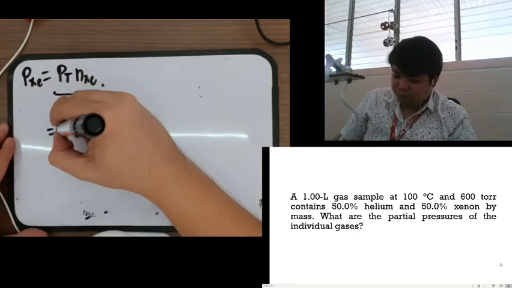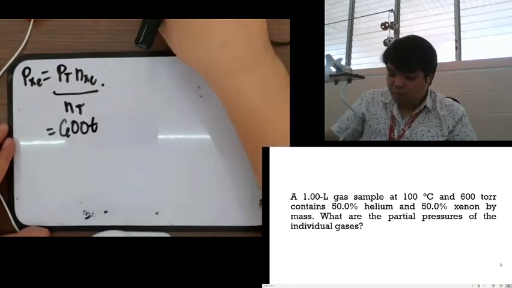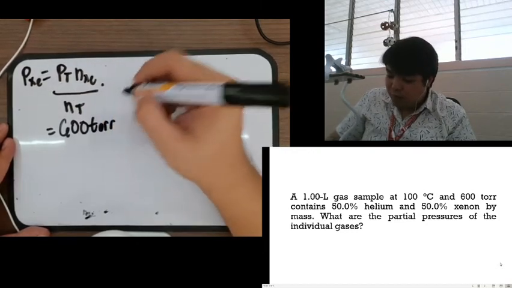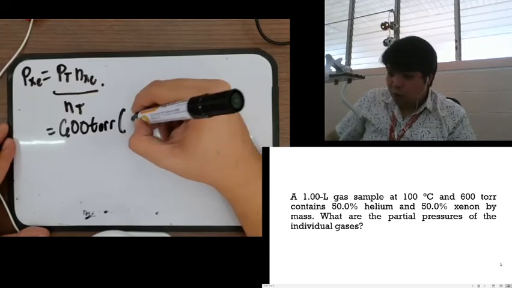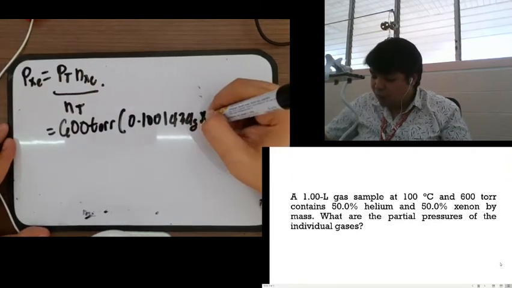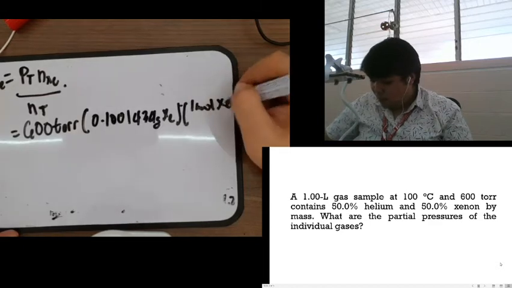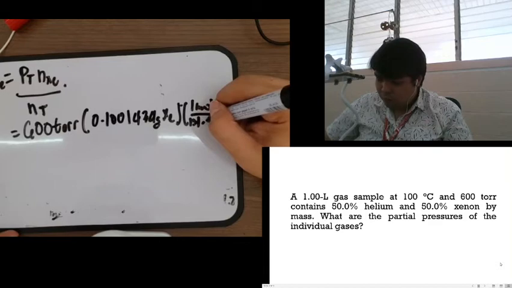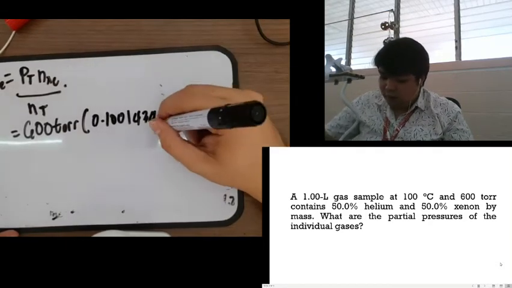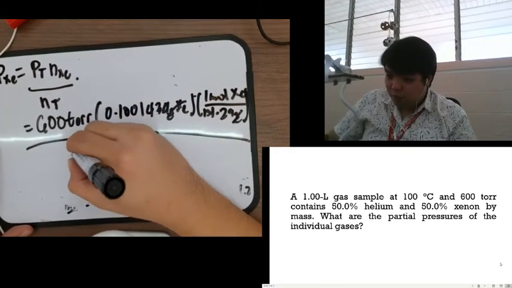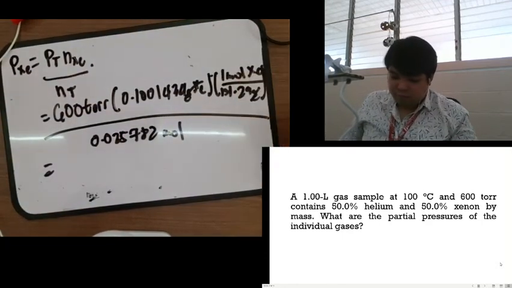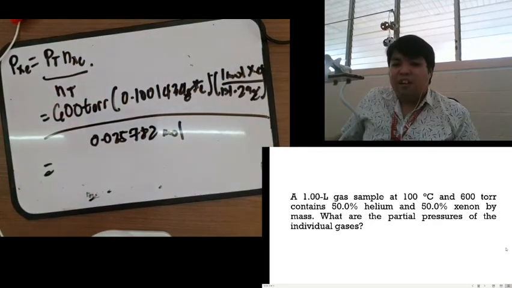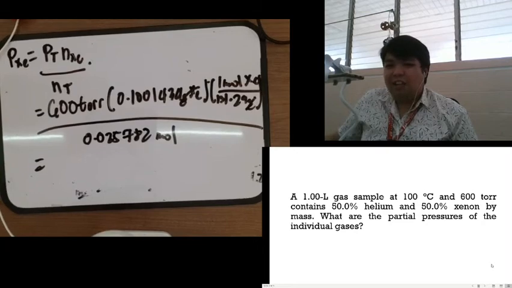So, 600 torr multiplied by the grams of xenon, 0.1001434 grams xenon converted again to mole, which is 131.29 grams, cancel, divided by the total number of moles, which is 0.025782 mole, which is equal to, wait, sorry, I forgot to solve it, I'll plug it into the calculator.